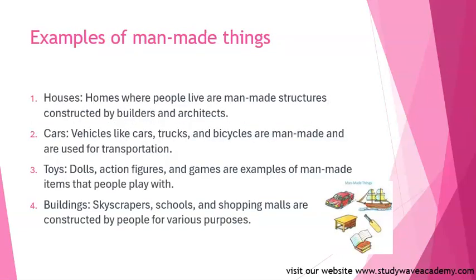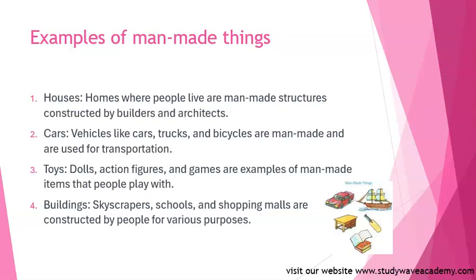We have houses. Homes where people live are man-made structures constructed by builders and architects. The houses we live in. We have cars. Vehicles like cars, trucks, and bicycles are man-made and are used for transportation.